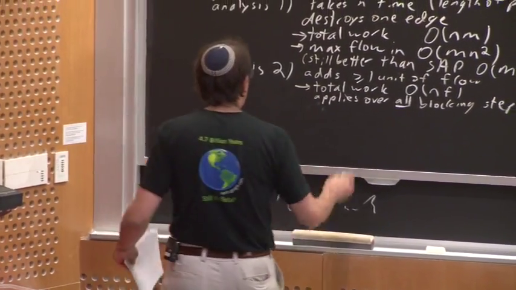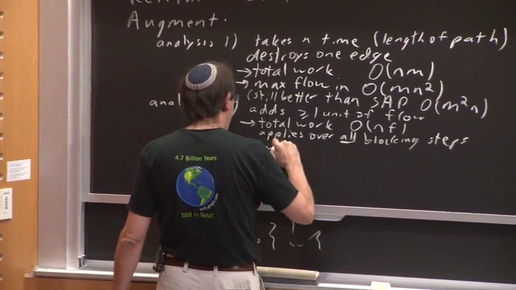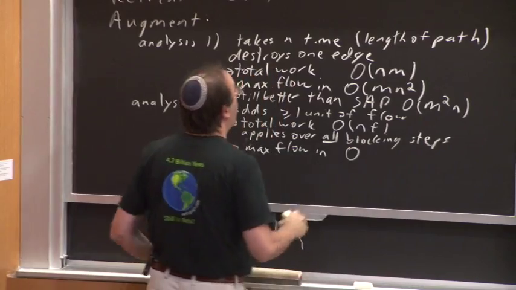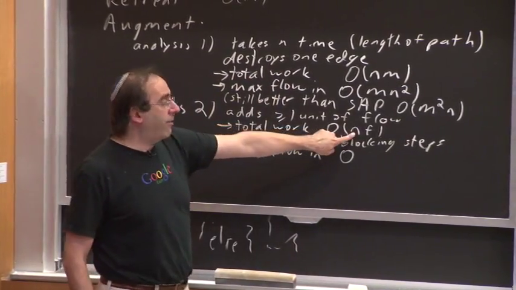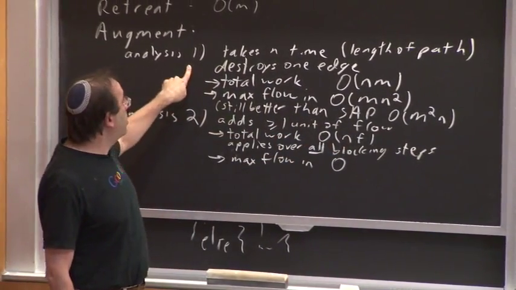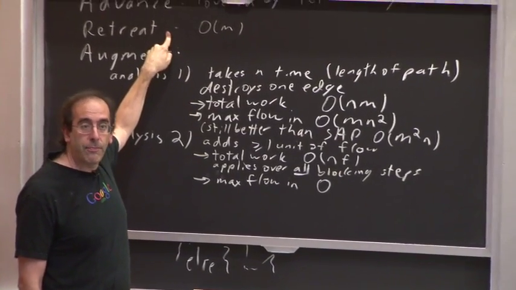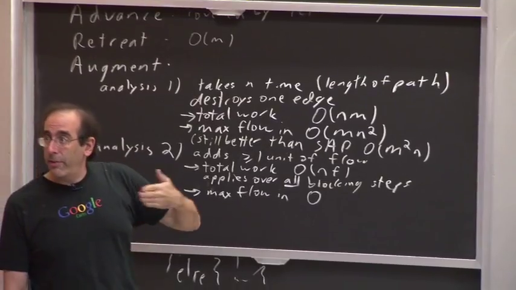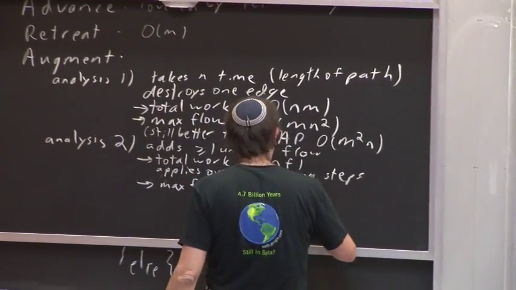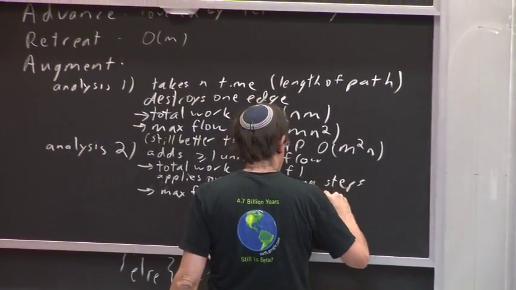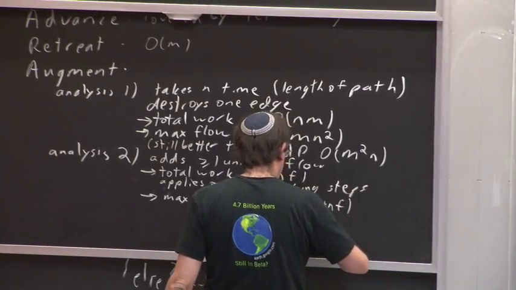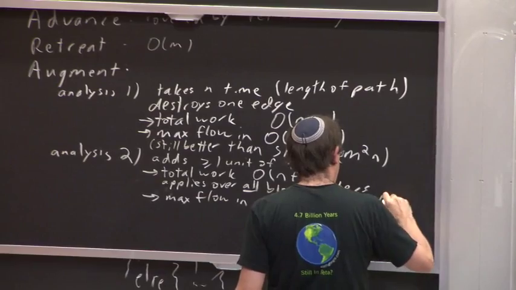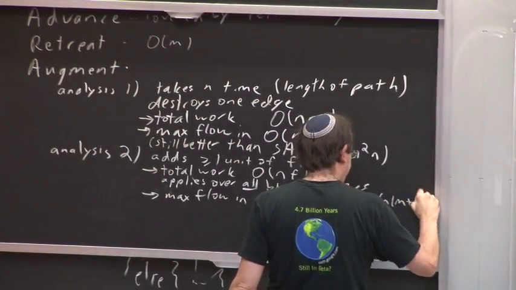Okay. And so that implies that we find a max flow in order, well, nf for the augments, and how much work are we doing for the retreats? Mn, because there are n blocking phases and we do m in each. So we have order mn plus nf, which we can write as order n times m plus f.